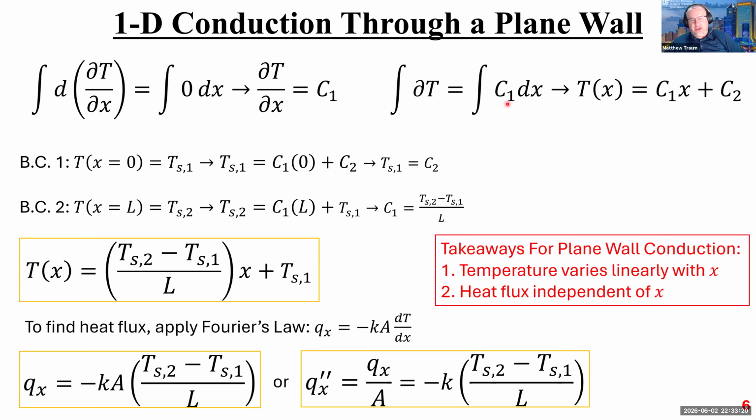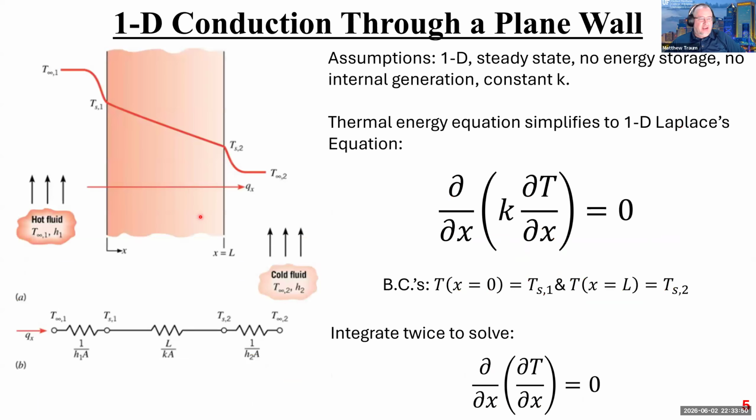So the integral of C1 dx, and what comes out is that temperature as a function of x is equal to C1 x, where here's the C1 and here's the dx, which is integrated to x, plus another constant of integration. So I end up with T as a function of x equals some constant times x plus some other constant. It's just a line, the equation of a straight line. Not maybe enormously surprising, given that I've already drawn a straight line here for you. So that's what it looks like. It's just a line.